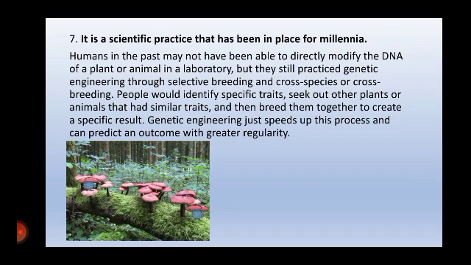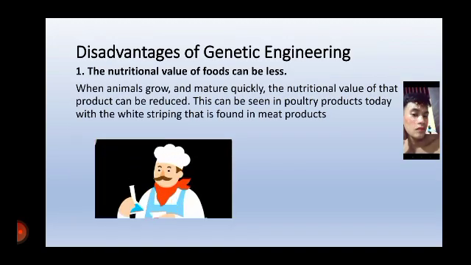People would identify specific traits, seek out other plants or animals with similar traits, and then breed them together to create a specific result. Genetic engineering just speeds up this process and can predict an outcome with greater regularity.